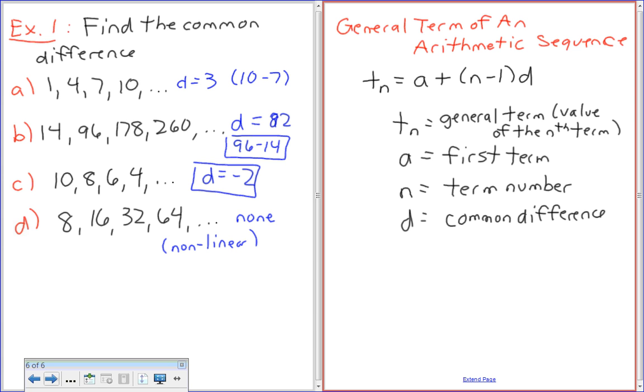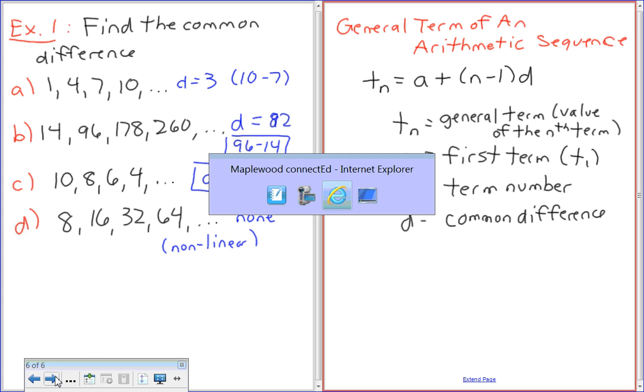Yesterday we made this equation going back to t0. This time I'm not making it back to t0, which is nice. So a is going to be t1, the first term in your sequence rather than going back to 0. That's why it's not just plain y equals mx plus b. All right, so let's start off with some nice equations here. Maybe we'll stop this, then take a little breather and then move on.